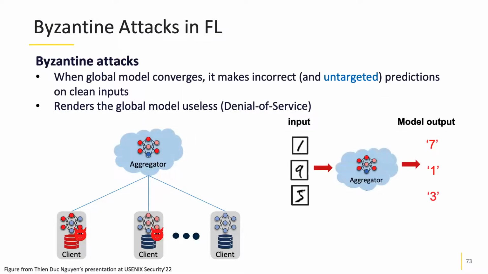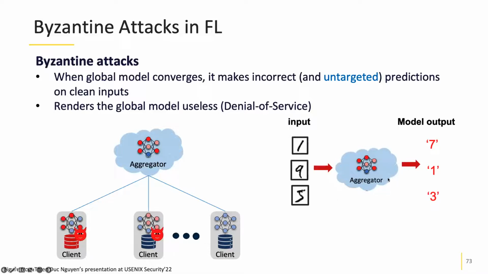Now, I'll first talk about the Byzantine attacks, which are untargeted. Here, on the right side, we show how the Byzantine attacks perform. In terms of the attack mechanism, the malicious clients design specific adversarial local updates such that when aggregated into the global model, the global model will produce incorrect predictions on clean or unperturbed images.